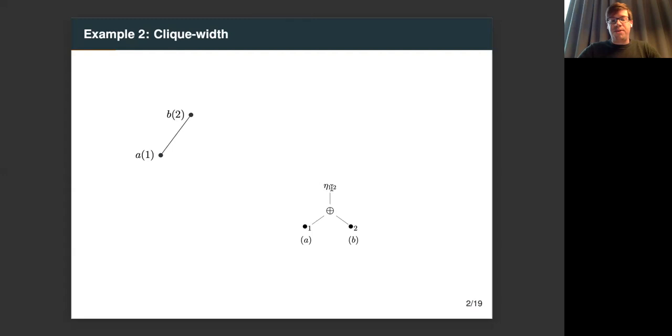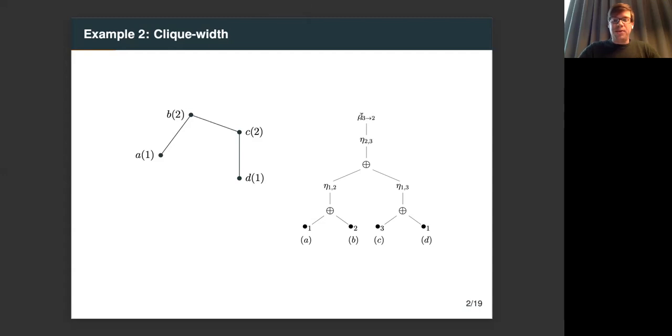Then there's an operator that connects all vertices of a given label with all vertices of another given label. Here we connect labels 1 and 2, so we put an edge between these two. Similarly, we can introduce another edge like this. Here we connect all vertices labeled 2 with all vertices labeled 3.